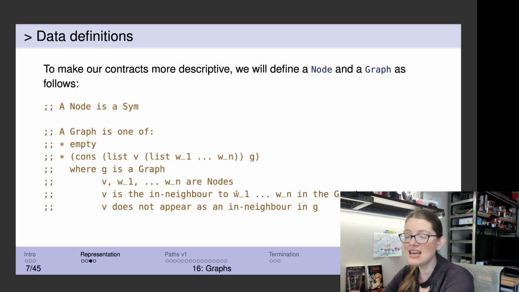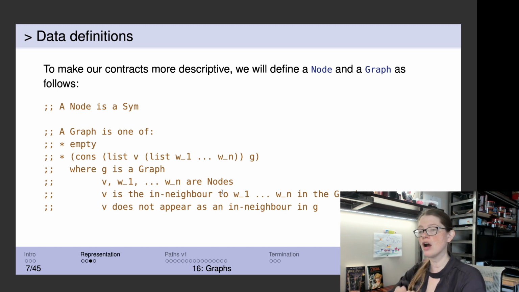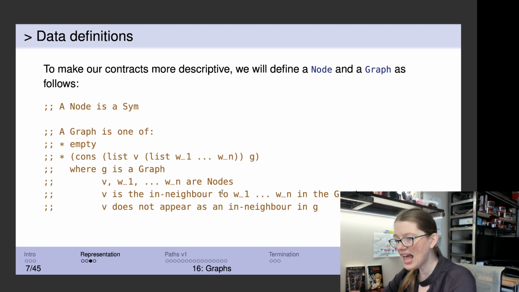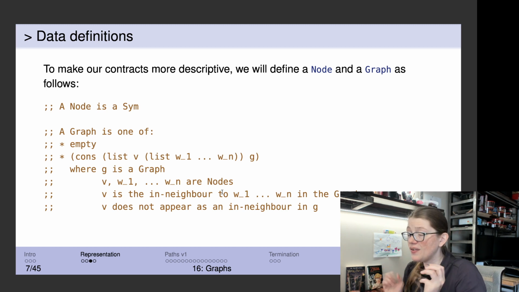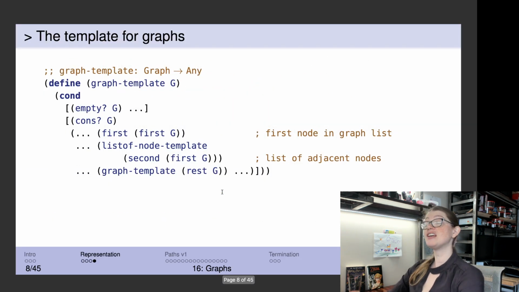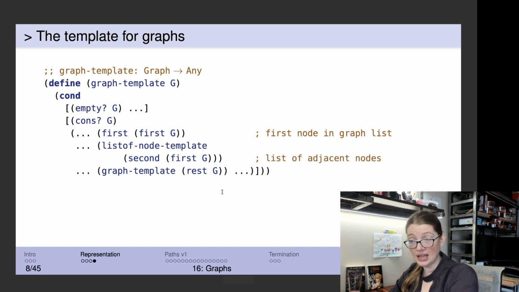V is the in neighbor of the list of nodes, and V is not an in neighbor anywhere in this graph G. So that is our data definition for our graph. And again, this is just a slight modification to our association list. It's kind of cool.